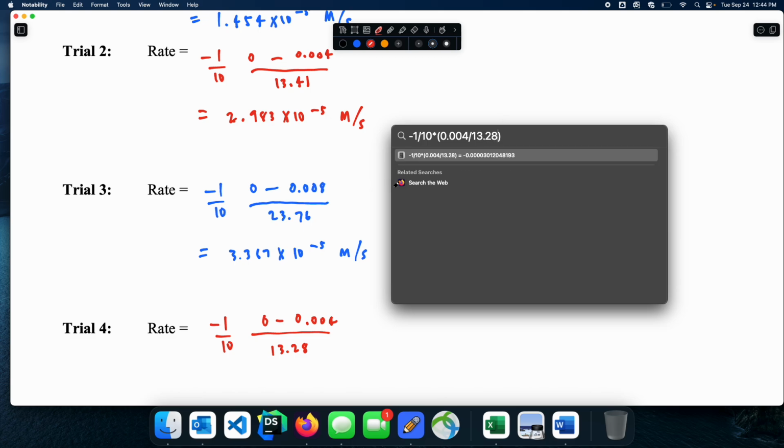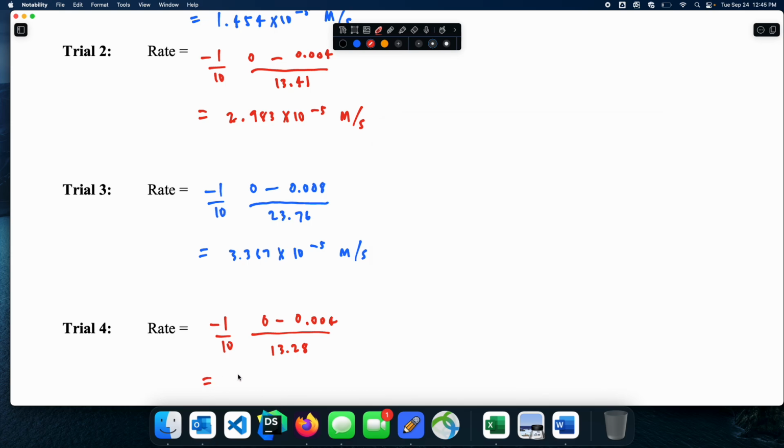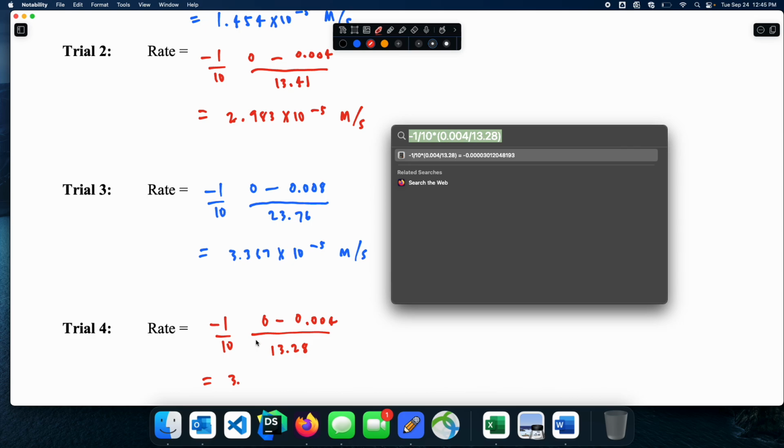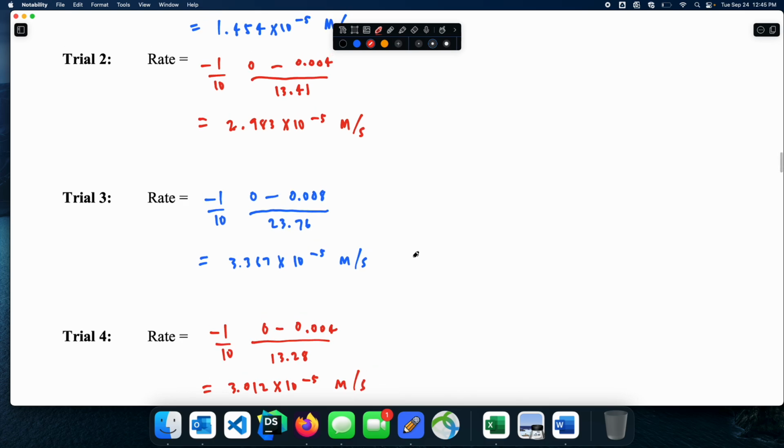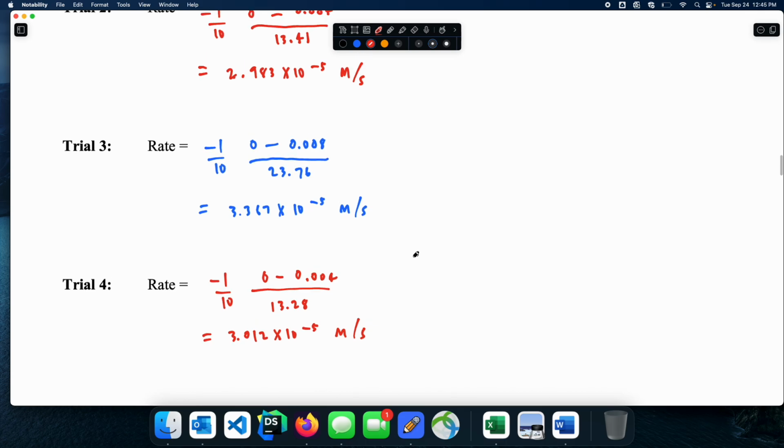Okay, and it's 3.012 times 10 to the negative 5 molars per second. Awesome. Love it.